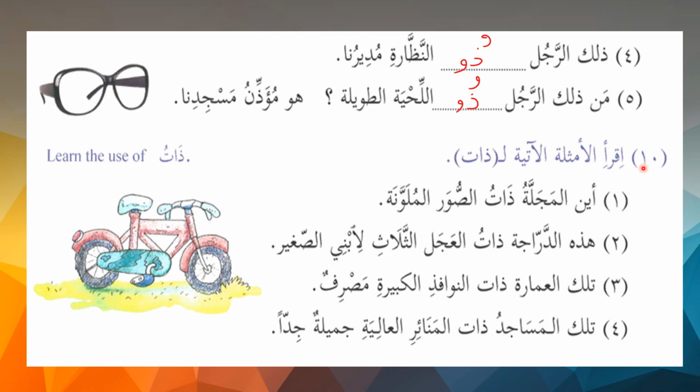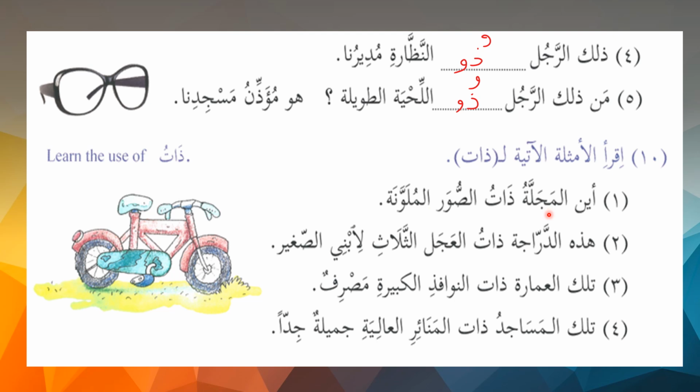So in this question number 10, you will see the usage of dhat. So this dhat is actually the feminine version of dhu. So now when the noun related to dhat is feminine. أين المجلة ذات الصور الملونة. Now أين المجلة?